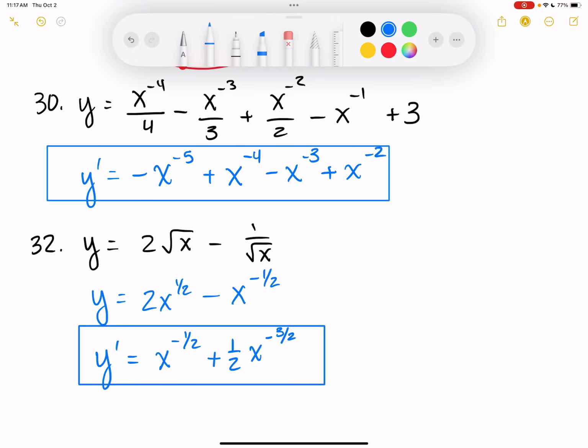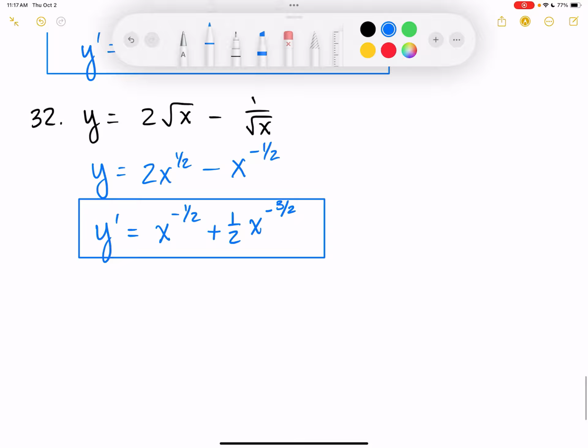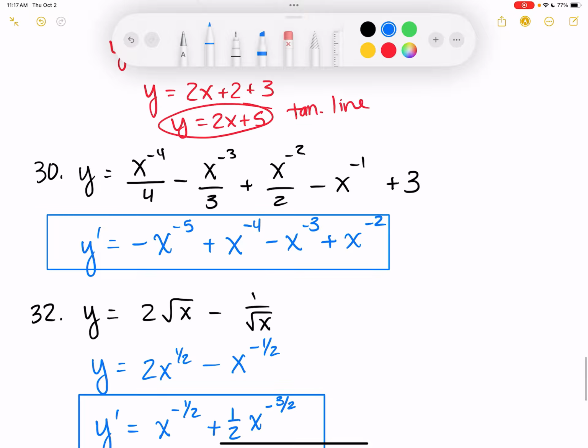And then obviously, the derivative of 0 is just 0. So the next problems want us to find the first 4 derivatives of the function. The good news is unless you have something like 30, they get easier every time you take the derivative because things are going to disappear.